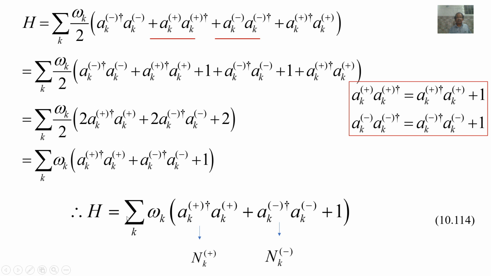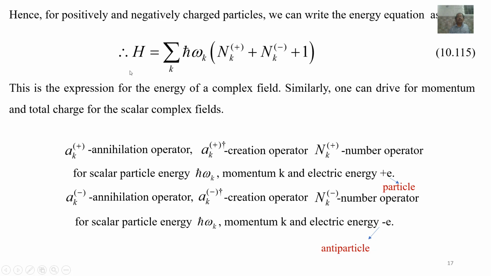Now the expression for your number operator for the positively charged particle is given by this, and for a negatively charged particle is given by this. This is for the particle and this is for the antiparticle for a system. So hence for positively and negatively charged particles, we can write the energy equation exactly like this.